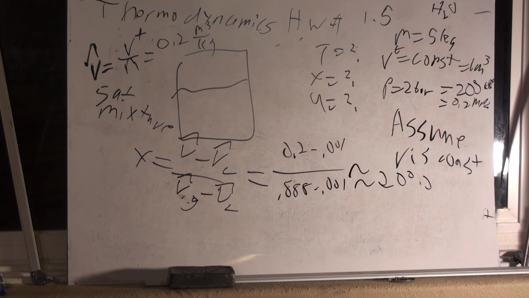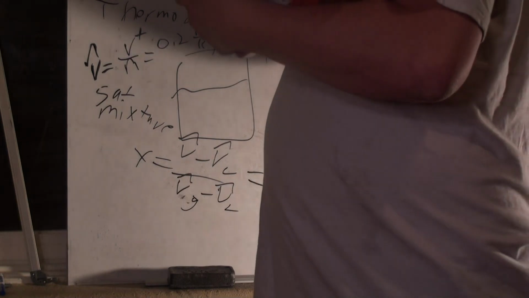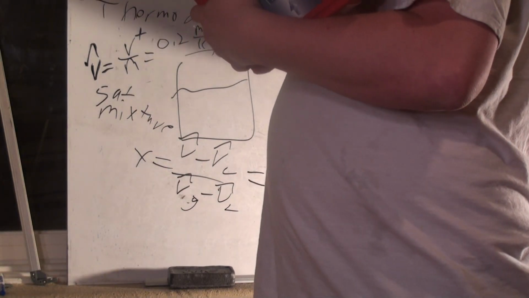I'm at thermal equilibrium, which says the temperatures are the same, whether I'm in the liquid phase or the vapor phase. And when I'm saturated, my temperature is dependent upon pressure. It's not independent. So, if I know my pressure, I know my temperature. It's 120.23 degrees Celsius, and I'm good to go.